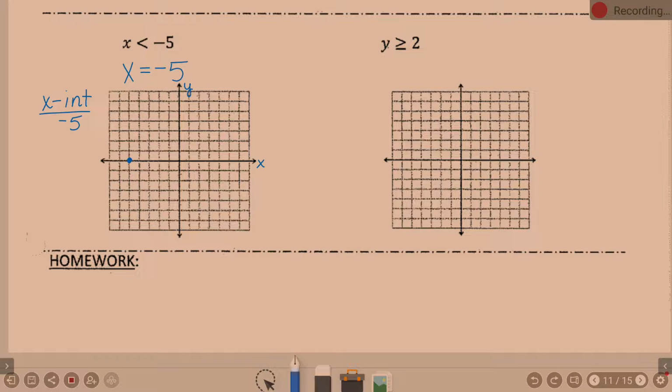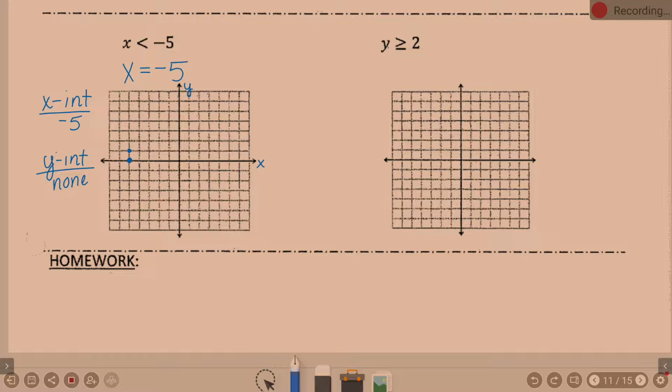Are there any y's in this problem? Nope. If there's no y's, there's no y-intercept. So if this line crosses the x-axis at -5 and never touches the y-axis, it's just up and down. It's a vertical line, parallel to the y-axis. You can put another dot above or below to give yourself a second dot.